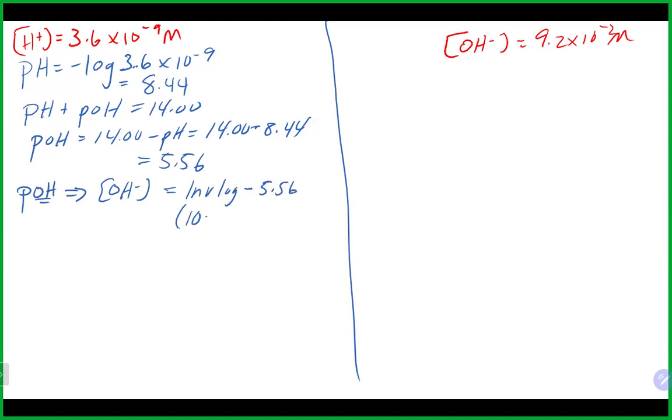Once again, punch it in one of the two ways I described on the previous page, and you should get an OH minus concentration of 2.8 times 10 to the minus 6, and that does need a molarity as it is a concentration.